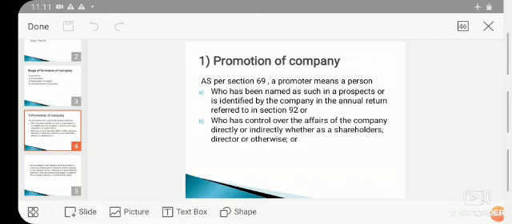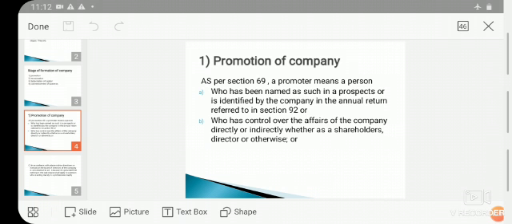So, according to section 69, promoter means who has been named as such in a prospectus, meaning his name is mentioned in a prospectus. So what is a prospectus? As you already came to know while discussing the difference between public company and private company, a prospectus is an invitation given by a public company to the public for subscribing to its shares and debentures.